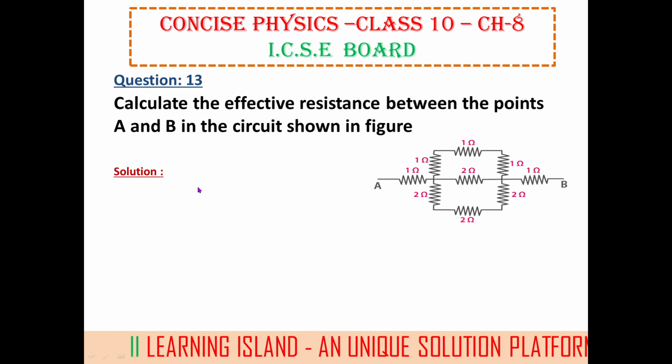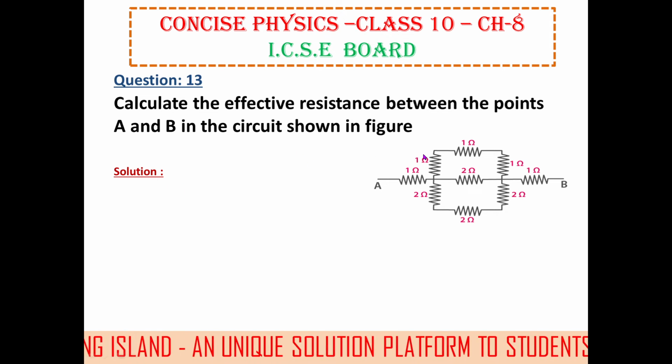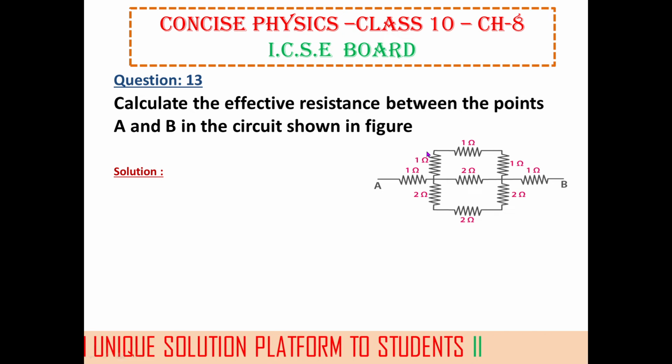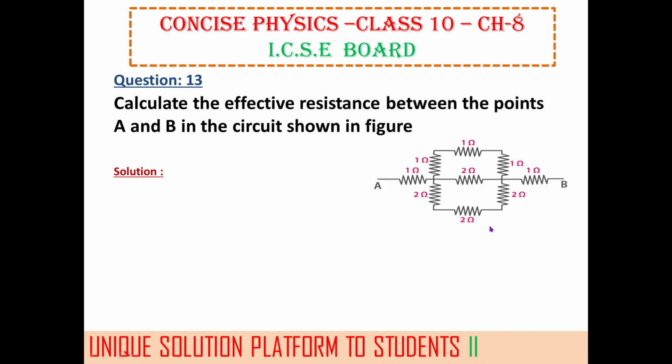Here in this case, first this 1 ohm and this 1 ohm and this 1 ohm are in series. So if I combine those to find out the equivalent resistance, if it is R1, so it will be 1 plus 1 plus 1, that is 3 ohm.